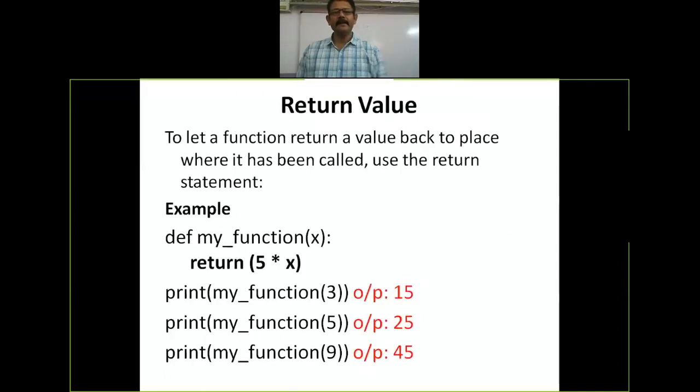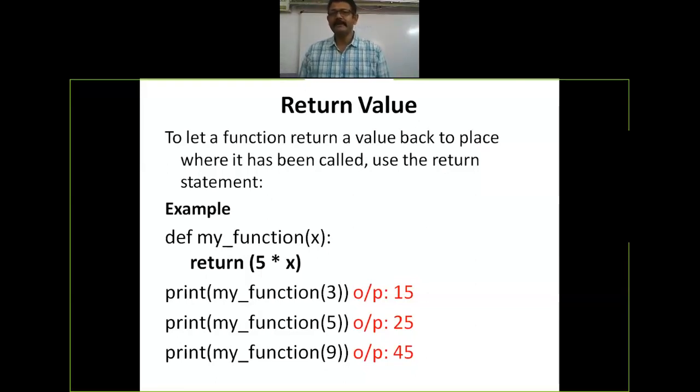Okay, return value. In basic programming, in a function, this is the last statement. When we call a function, we can give data in the argument. The function will take the data, calculate it, execute it, and the result the function can display, or the result can be transferred back to the calling function, whoever called it. So there is a statement called return.